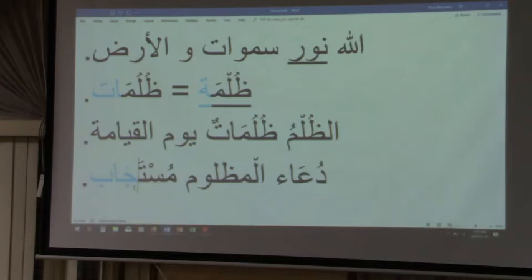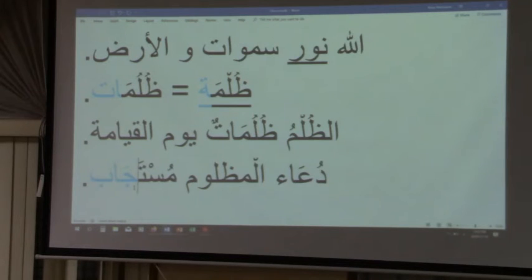Yes. So again, let me repeat for you, inshallah. What is the meaning of nur? What is the meaning of darkness? Zulma, right? And the plural will be zulumat. Then we have two hadith. Al-zulm zulumat yawm al-qiyamah. And the second hadith is duaa al-madloom mustajab, is answered. The same thing they say duaa al-musafir mustajab.